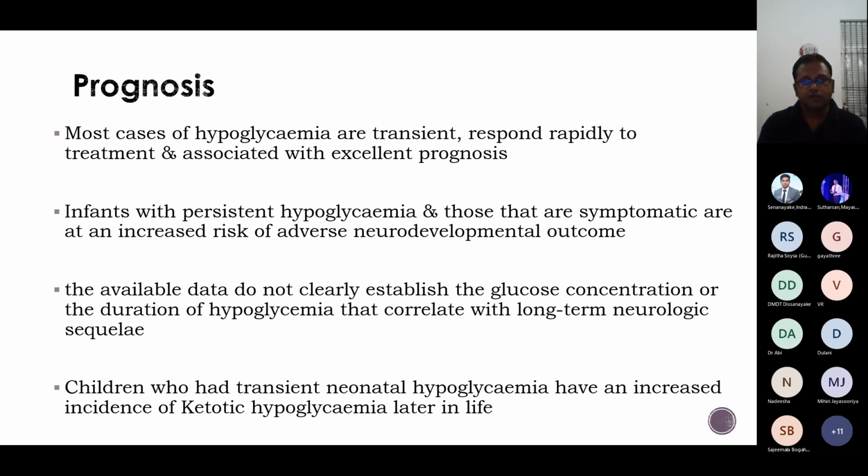But we don't have very clear data, and we don't know exactly at what glucose concentration level they will have this permanent damage to their brain. And studies have shown these children who had transient neonatal hypoglycemia, as I mentioned earlier, can get ketotic hypoglycemia later in life.